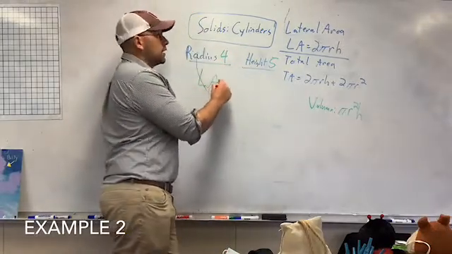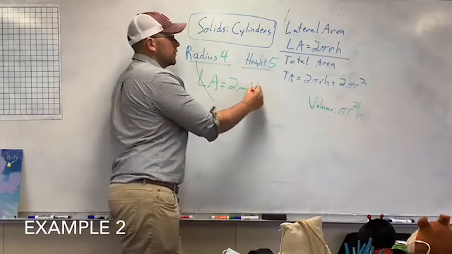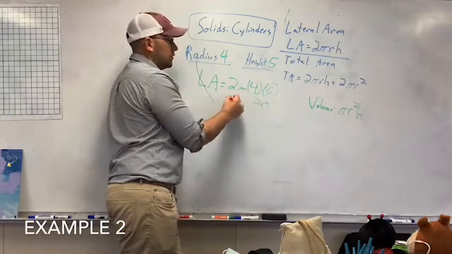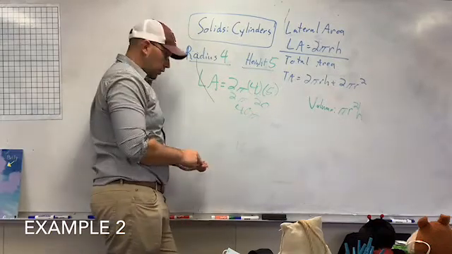So we do the lateral area first, 2 times pi times our radius of 4 times our height of 5. So that's 20, so that's 40 pi. Now we want to find the total area.